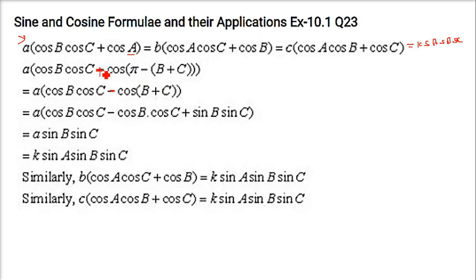So it will be simply minus cos b plus c. Now cos b plus c, open the formula. It will be cos b cos c minus sin b sin c. But when we open the sign, this minus will be minus, this will be plus. Now this gets cancelled. It will be a sin b sin c. In place of a, you can write k sin a. So this will be k sin a sin b sin c. Similarly, this can be done.